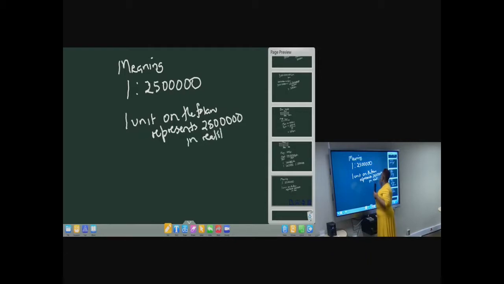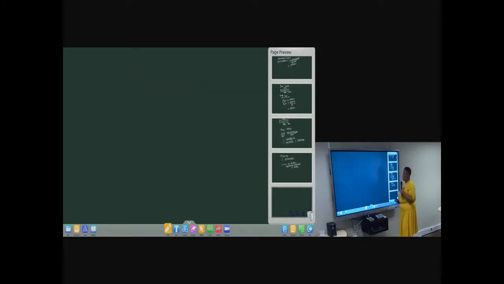So when you are asked to write the meaning, you just say 1 unit is representing so many other units in reality, depending on which units are written as your second ratio. They ask that for 2 marks for you to explain the meaning of a scale. What does it mean?